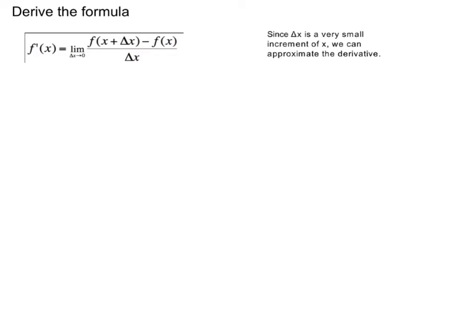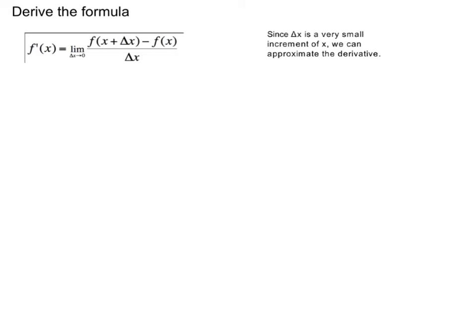So you can see here that you have the limit definition of the derivative. It's the limit as delta x approaches 0 of the difference quotient. Since delta x is very, very small, we can approximate the derivative by using this formula.